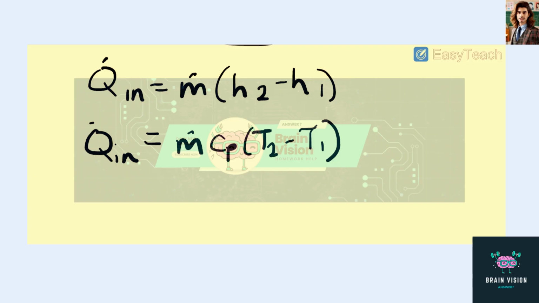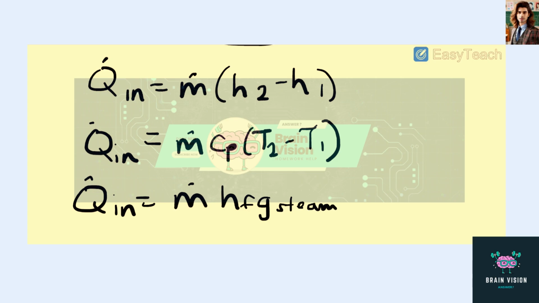Now, as we said before, all of the heat that is gained by the cooling water is equally lost by the steam. So this Q dot in is equal to m dot times hfg of the steam. All of these are steam components.